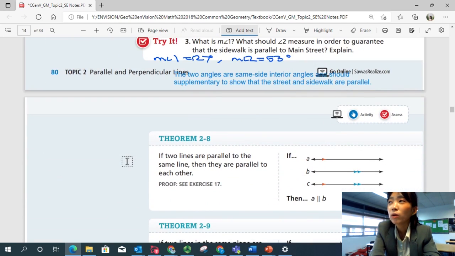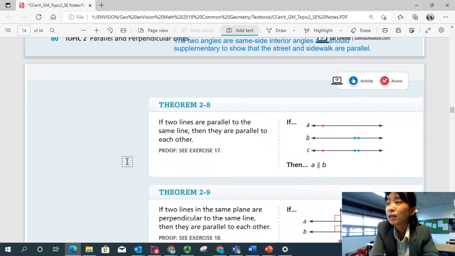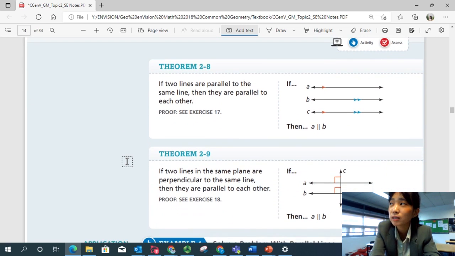Okay, we have more theorems now. Let's look at the next page. Theorem 2-8 says if two lines are parallel to the same line, then they are parallel to each other. It's like a transitive property. If this is parallel to that and that's parallel to that, they're parallel to the same line, then they're all parallel to each other.